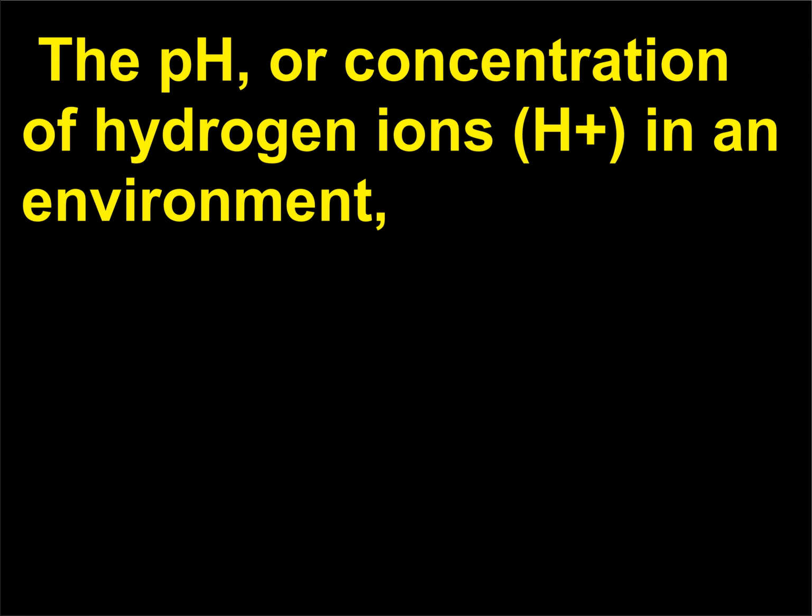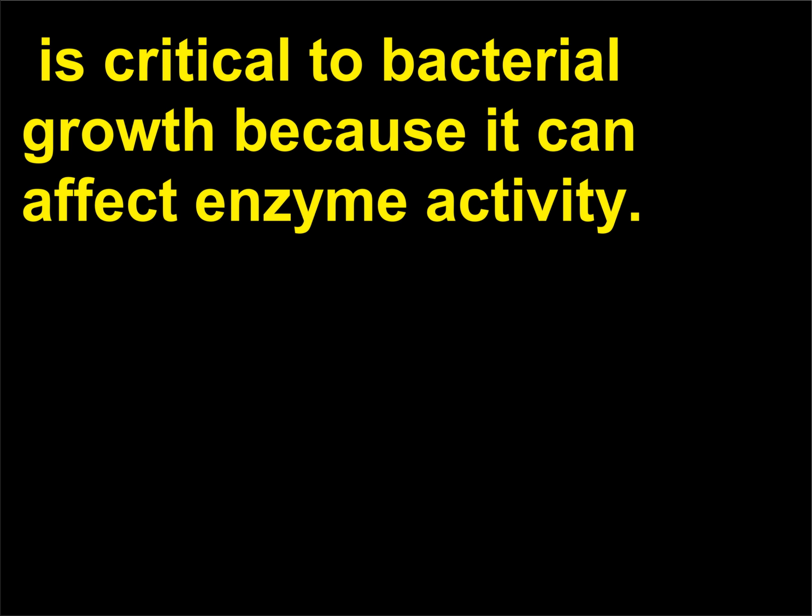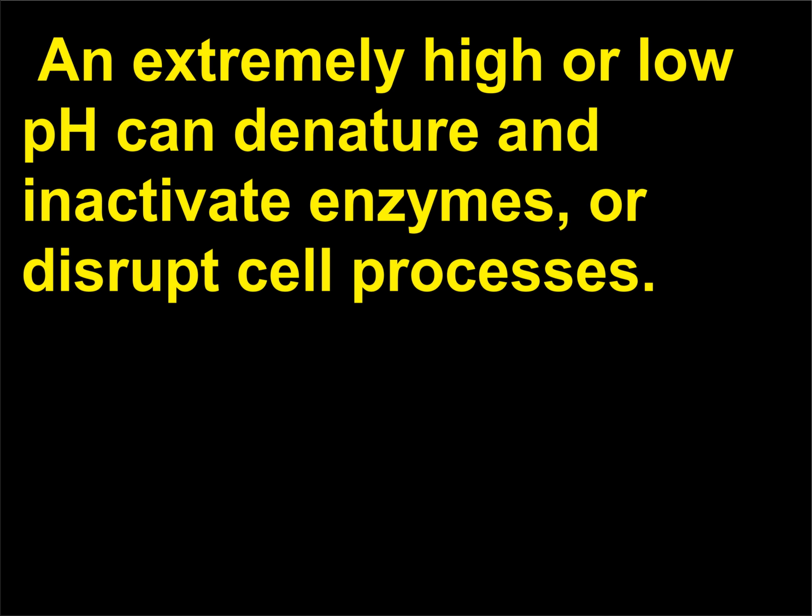The pH, or concentration of hydrogen ions, H+, in an environment, is critical to bacterial growth because it can affect enzyme activity. An extremely high or low pH can denature and inactivate enzymes, or disrupt cell processes.